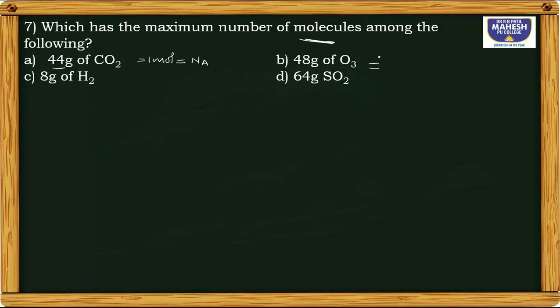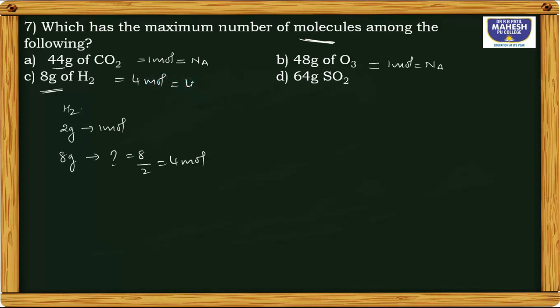It is the molecular mass of ozone, nothing but 1 mole of ozone, which also has Avogadro number of molecules. 8 gram of hydrogen: see students, 2 gram hydrogen means it is 1 mole, and 8 gram means obviously how many moles? 8 into 1 divided by 2, that is 4 moles. 4 moles has 4 into Avogadro number of molecules.